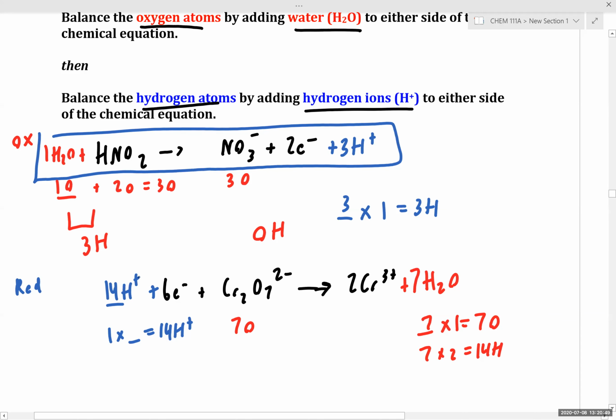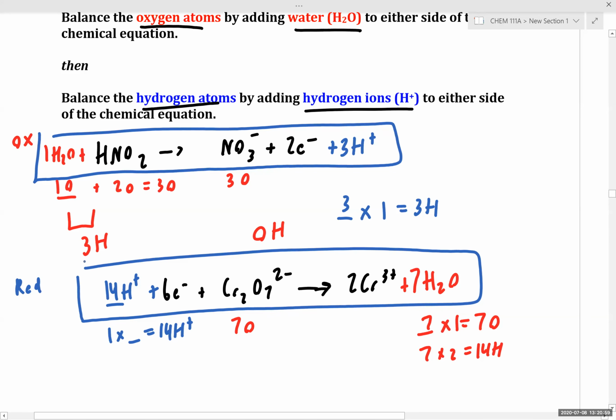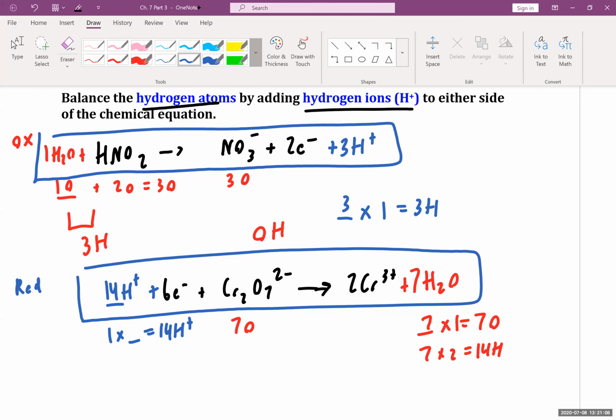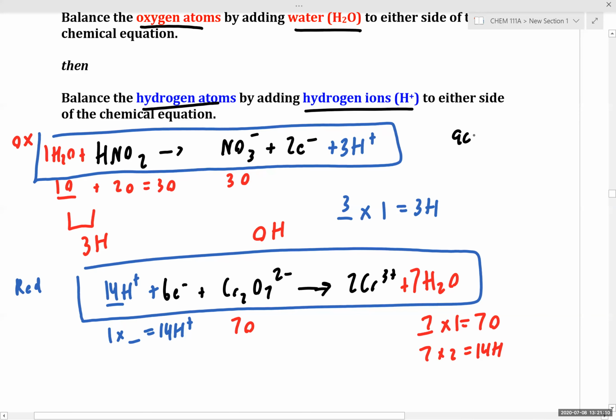So we have 14 H plus. Okay, perfect. So now we have our balanced oxidation and reduction half reaction. This is what it would look like under acidic conditions. You can use water and H plus.